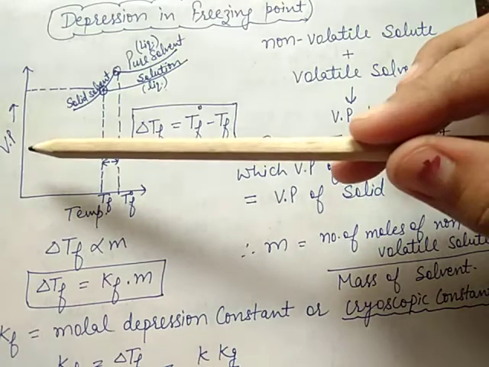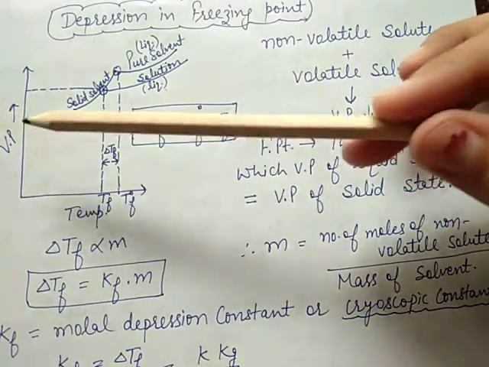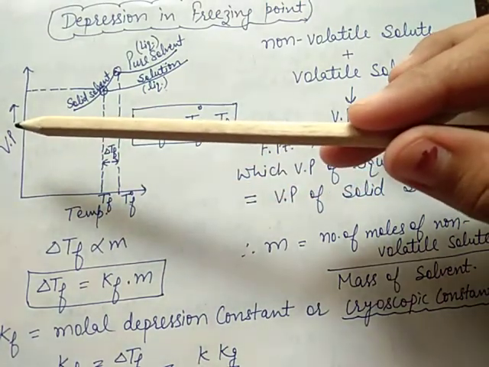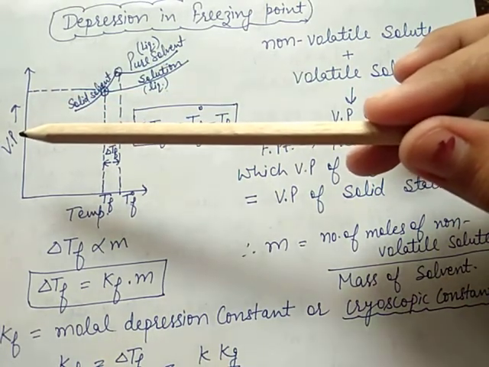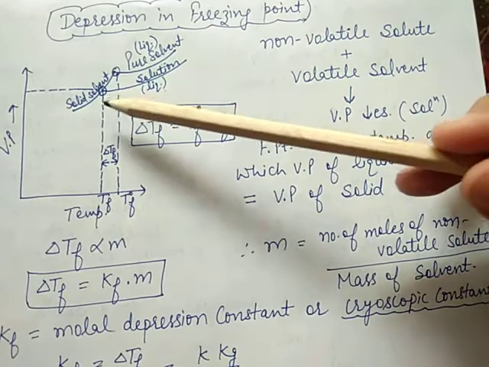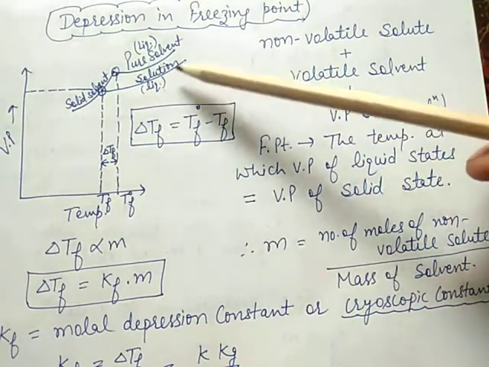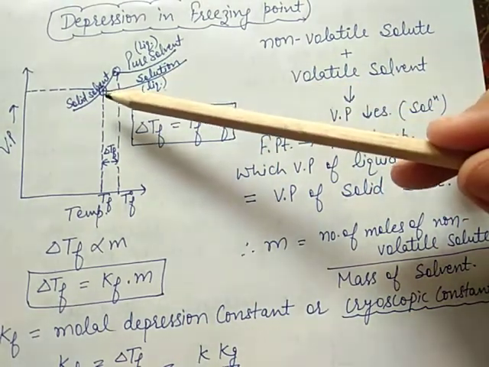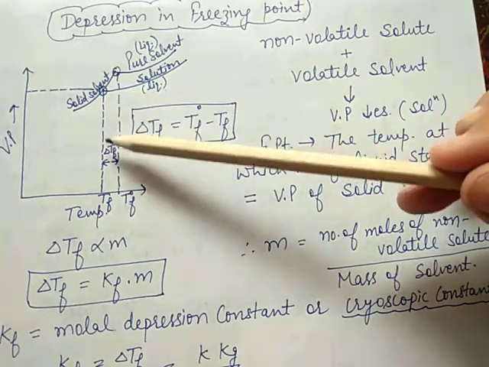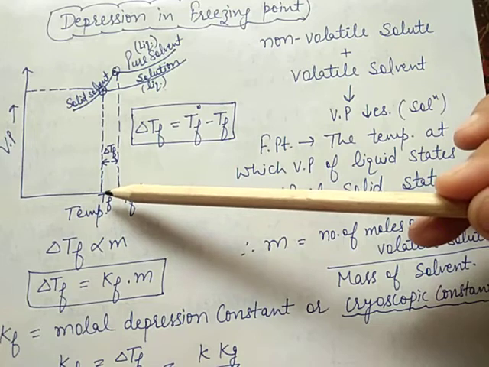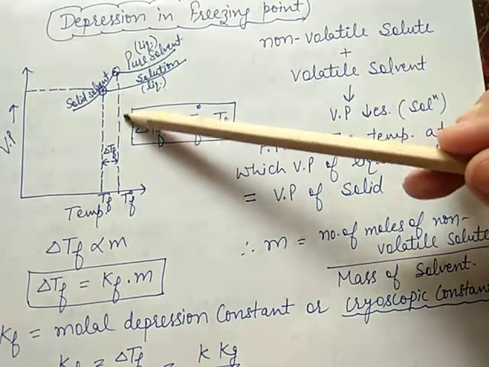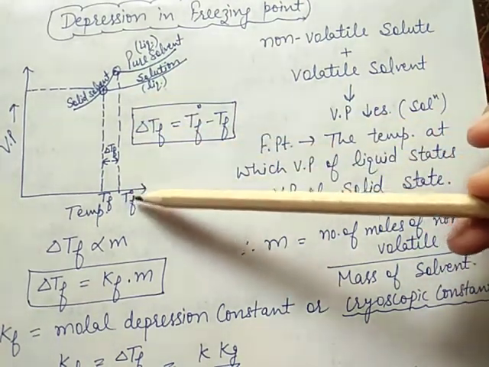If we increase the temperature, then the vapor pressure increases. So when the solid changes into liquid, this is the freezing point of the solution, and this is the freezing point of the pure solvent.